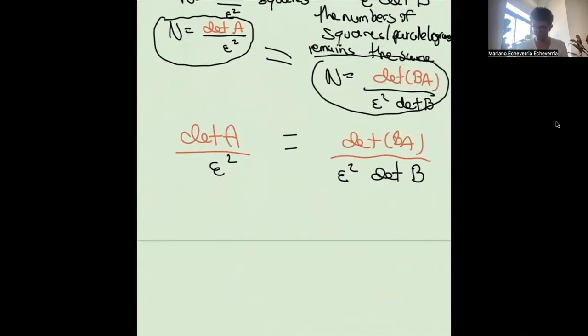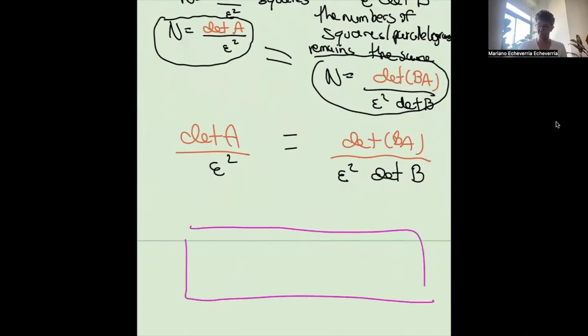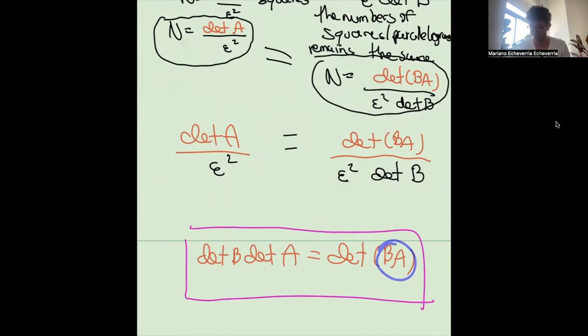And so you get one of the most important formulas of the determinant, or probably the most important formula of the determinant, which is that the determinant of B times the determinant of A is the same as the determinant of B times A. In other words, the determinant of a product is just the product of the determinants.